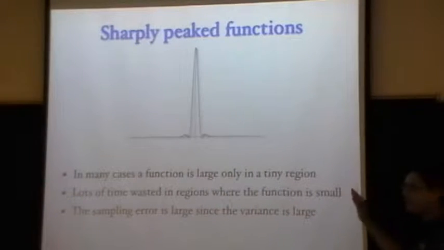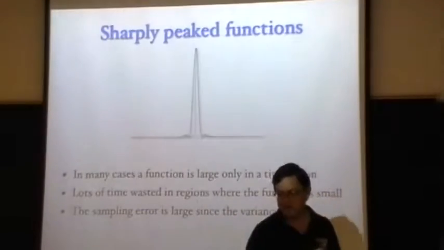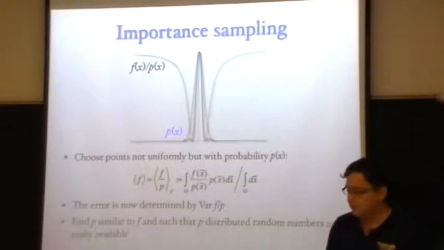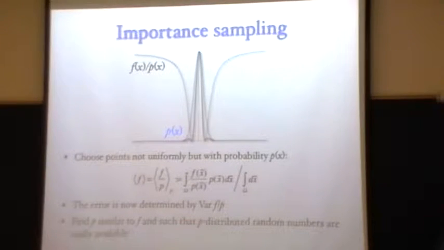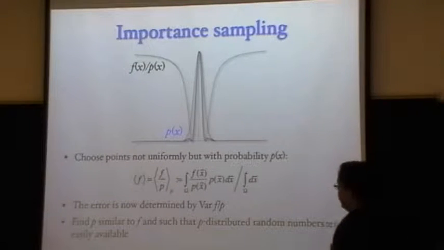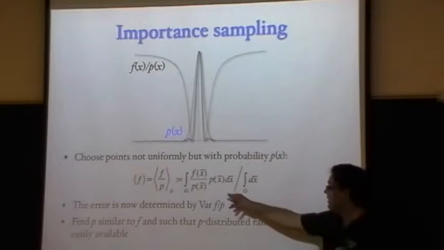So in that case, you want to sample more where the function is large, because that's wasted here. So what we do is we rewrite the function. We don't sample uniformly, but we choose the points with the probability distribution p.